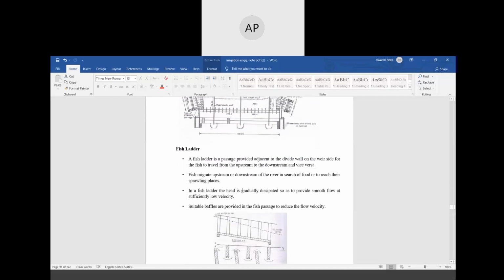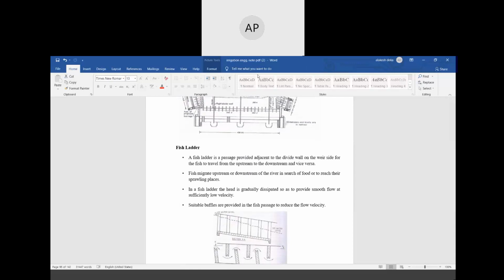Fish ladder. So what is a fish ladder? A fish ladder is a passage provided adjacent to the divide wall on the weir side for the fish to travel from the upstream to the downstream.